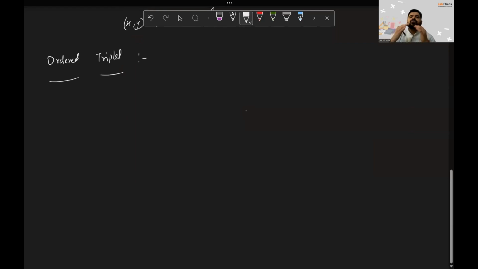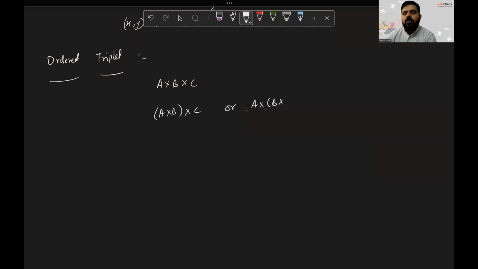Let's say we have three sets which we are cross multiplying, A cross B cross C. You will do the cross product of any two sets at a time. You can find A cross B first and then take its cross with C, or you can take the cross of A with B cross C. Both are going to give us the same result.